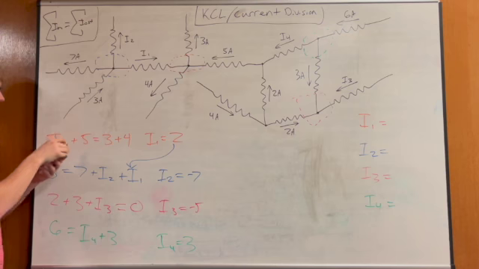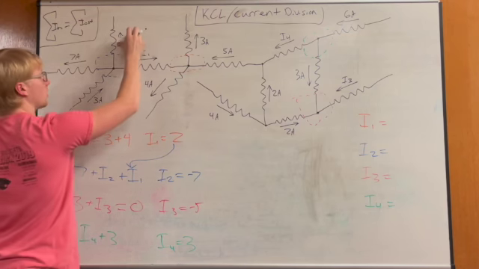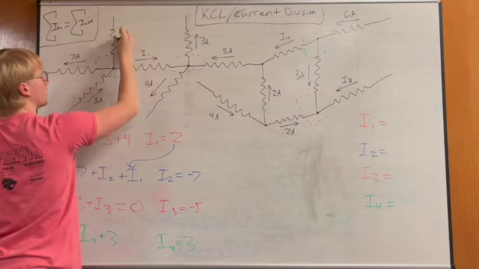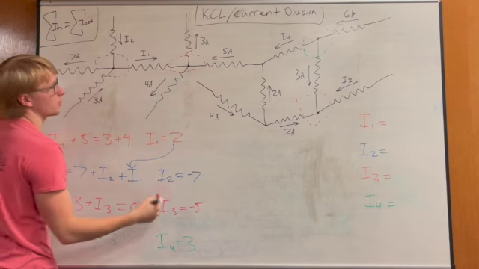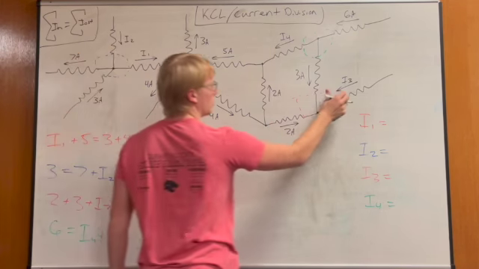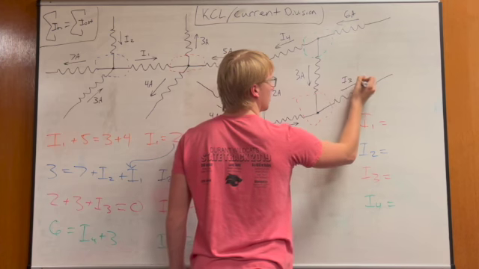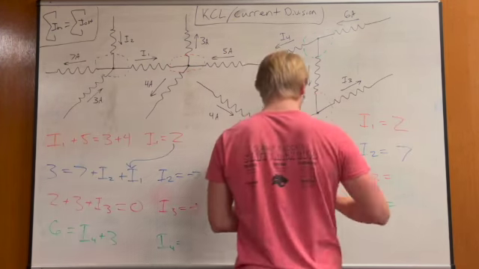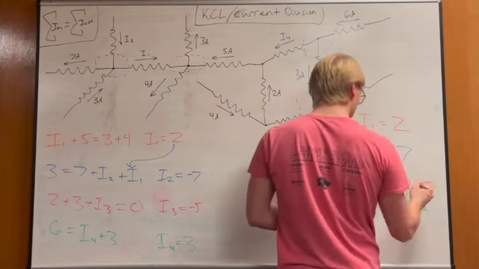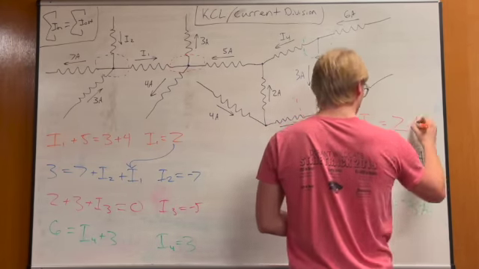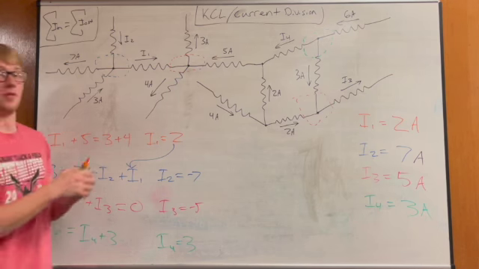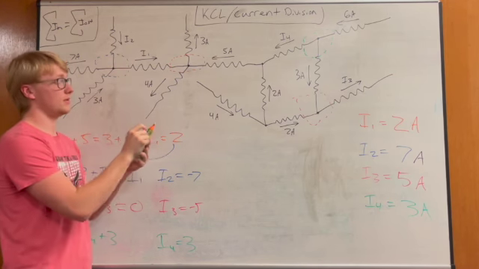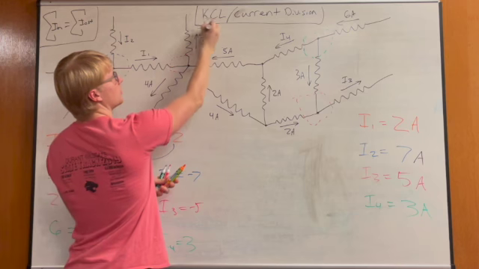And so I'm going to change the direction of I2, and I'm going to change the direction of I3 so that they can all be positive. So that's our answer, and this is just KCL.